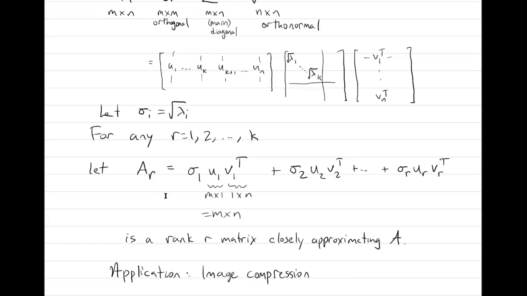And then Luis explains why the number of actual numbers that we need in the compressed data is given by this rank times the quantity rows plus columns plus 1. Basically, we've got rank number of rows, rank number of columns, and a rank number of singular values. That's exactly where this formula here is coming from. And then we divide that. We want to find out what is the compression ratio. How does that number compare to the total amount of entries in an M by N matrix or in the image file or image matrix?